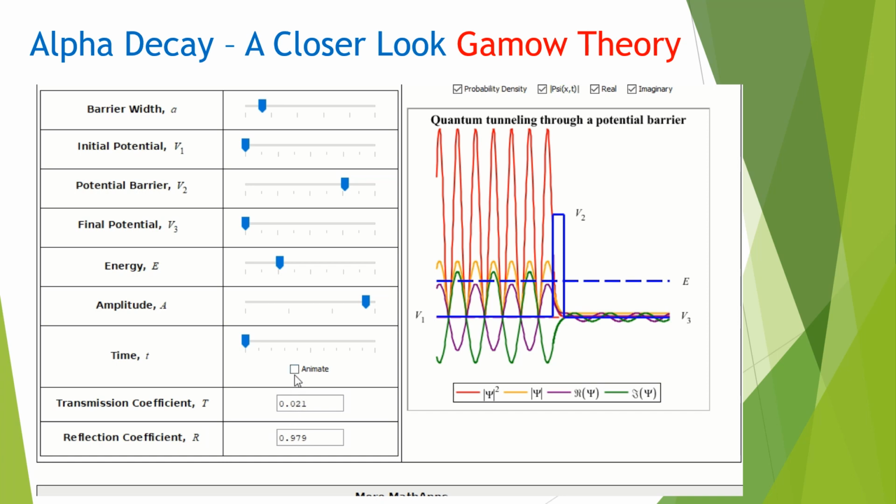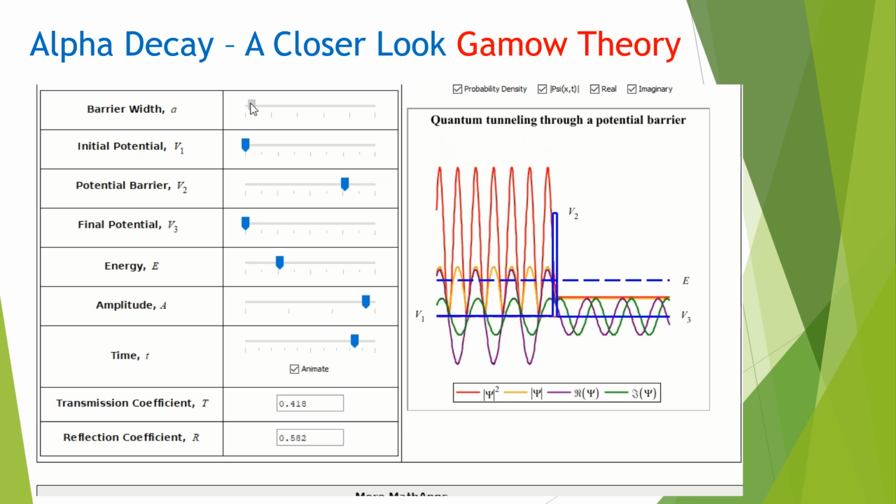And if you would like to see the animation rolling over time, you can have a look at this for a moment. So as the time rolls, the wave is advancing towards the barrier, crossing the barrier and penetrating through. So with increased transmission, with a smaller width of the potential barrier, you can have a look.